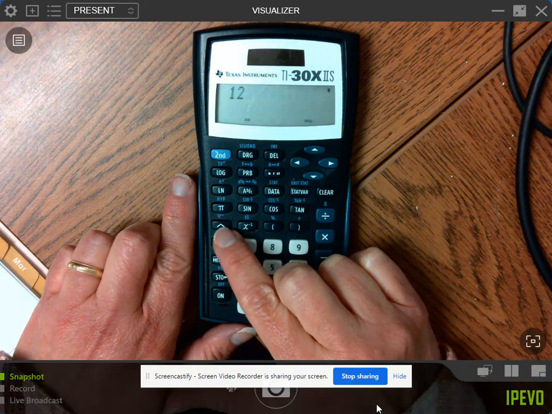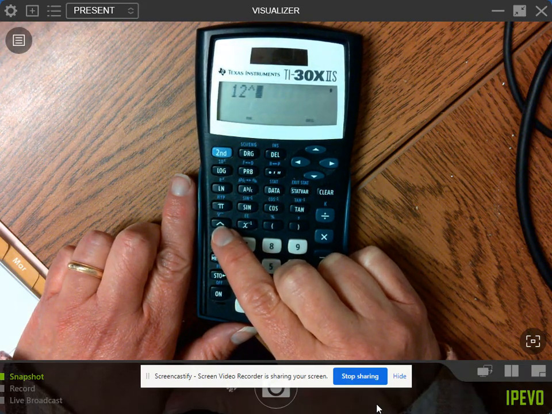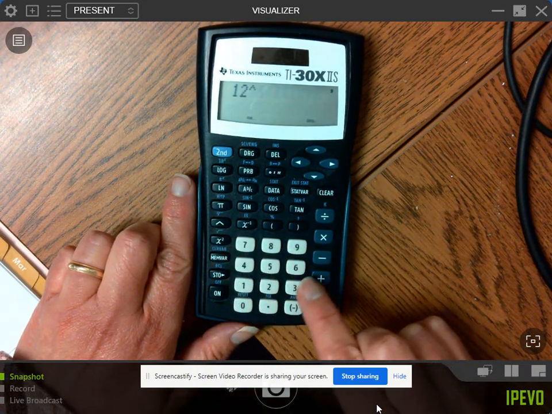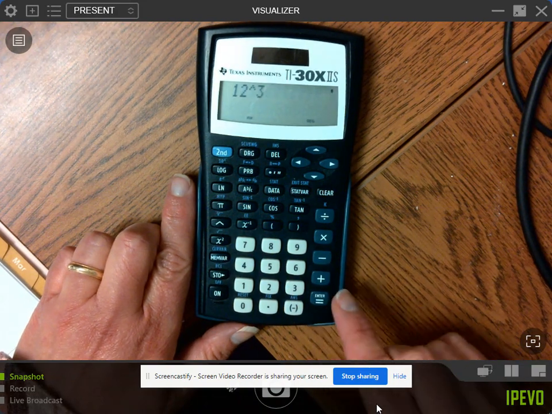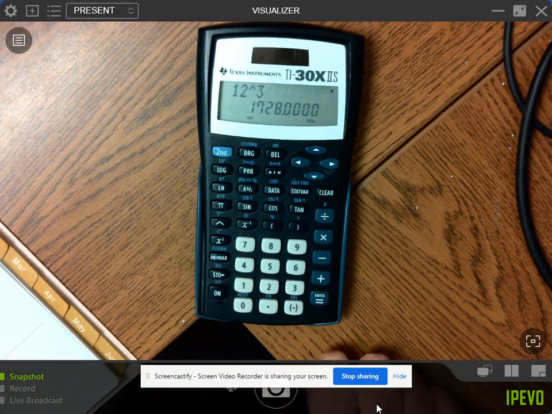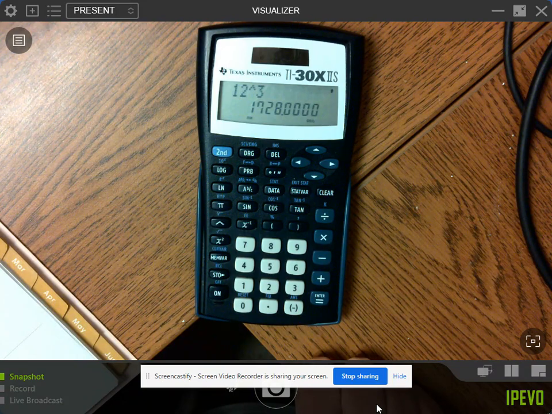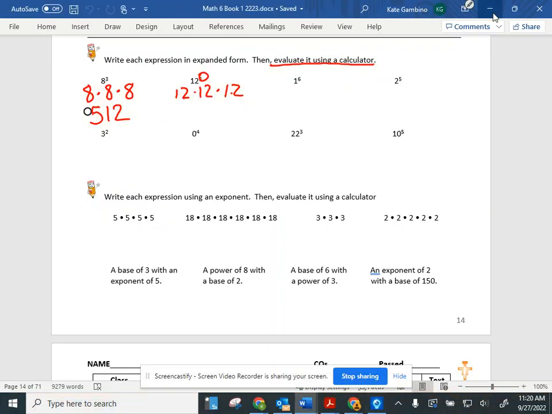Remember, this is the exponent button because it goes up into the right corner. 12 to the 3rd power is 1,728. You can do it either way. This way is a lot easier. So we need to put that answer. James, what was the number? 1,728. Thank you.